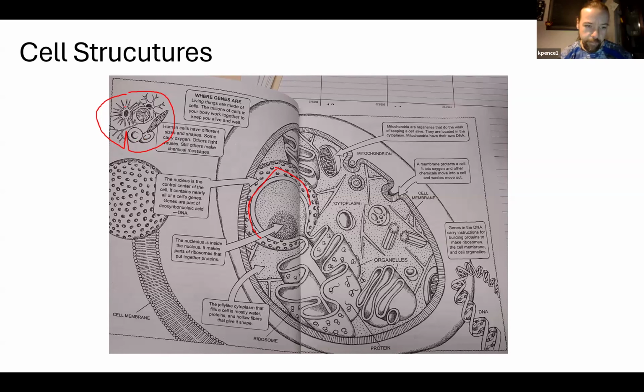And that guy in the background, that spiky one, that's an immune cell. That's probably a white blood cell, which is going to be fighting off diseases or bacteria in the body if you were to get sick. So each one of these cells, if it came from the same person, would have the exact same amount of DNA, the exact same chromosomes. But depending on what the cell wants to do, it'll pick and choose what genes to activate.